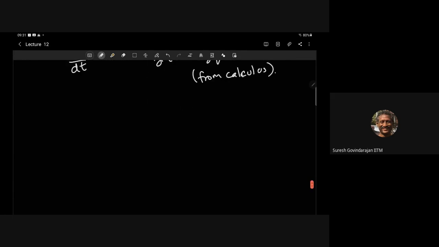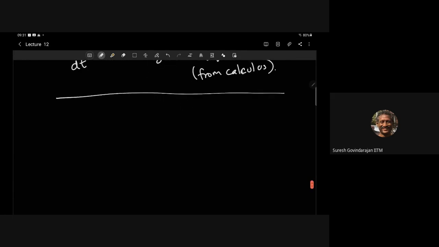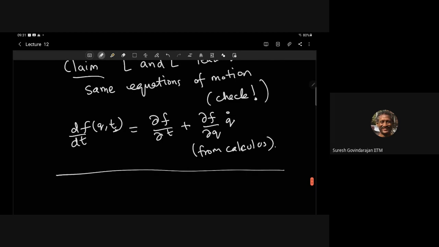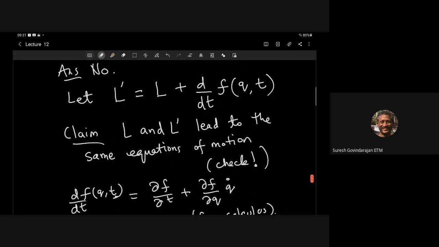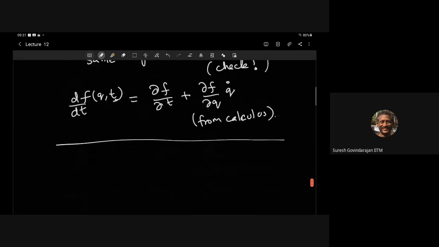But I will prove it. What we will do is study the actions, because I gave you an exercise to check that L and L prime have the same equations of motion. So before that, let's finish this proof. If you look at S prime, what is that? It will be the integral from t1 to t2 dt of L prime.